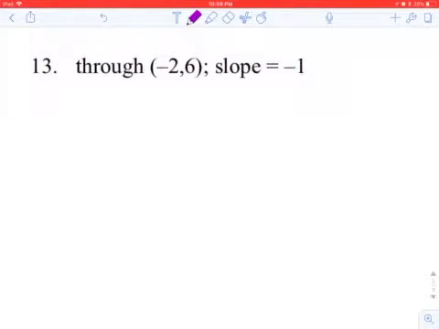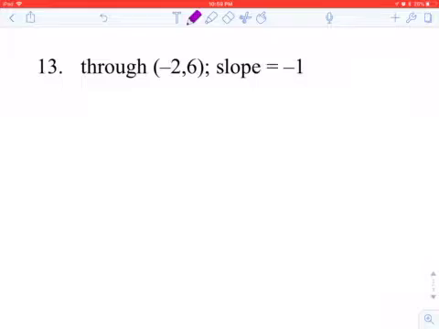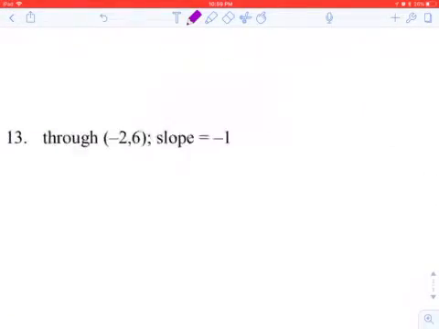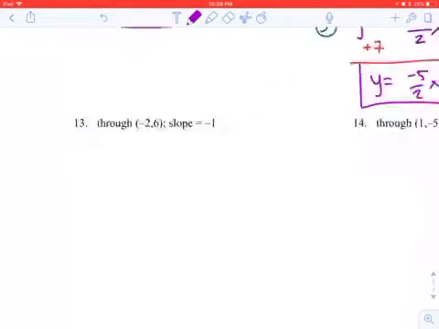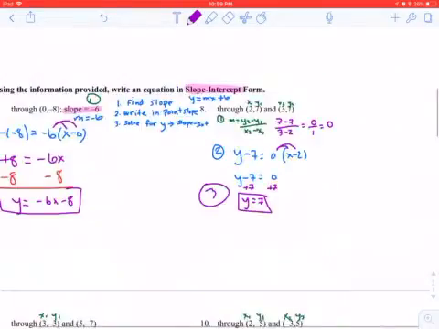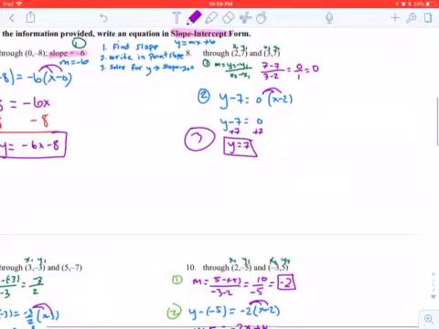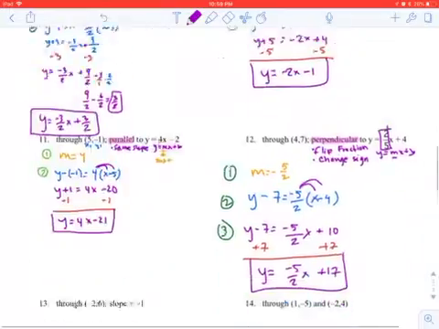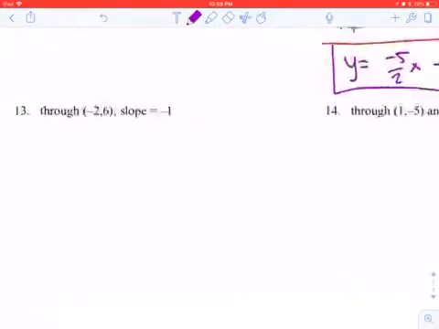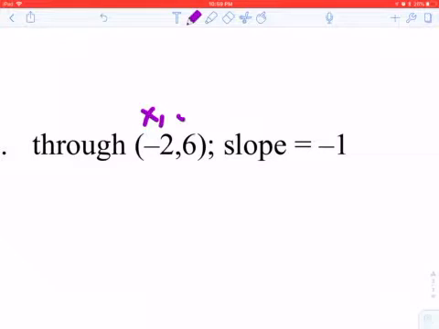2 more. These are very similar to number 7. So x1, y1 and your m.